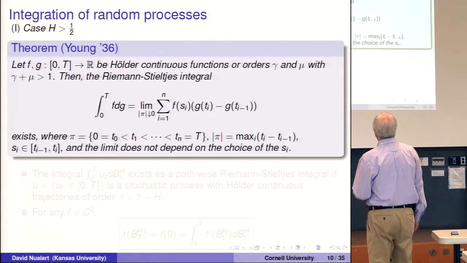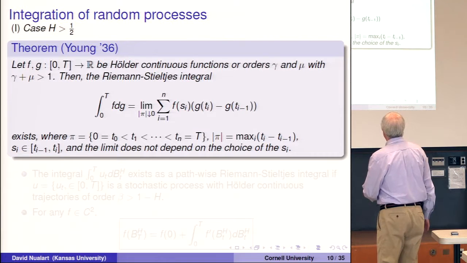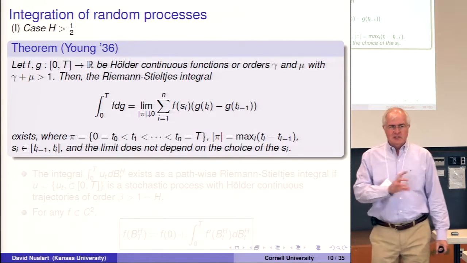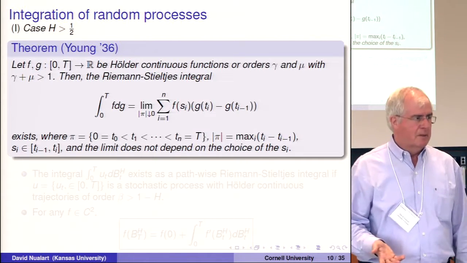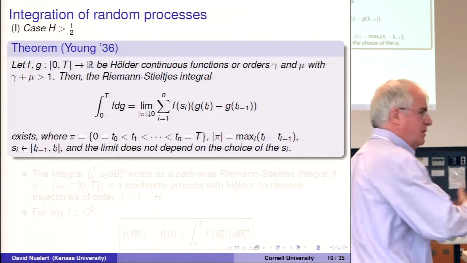Riemann-Stieltjes means that you take the limit of Riemann sums where Si is any intermediate point, and the limit exists when the mesh of the partition goes to 0, and the limit doesn't depend on the choice of the intermediate points. That's the Riemann-Stieltjes integral, which usually exists if g has bounded variation, because then you have a measure.